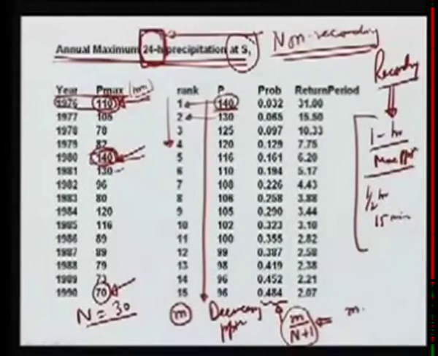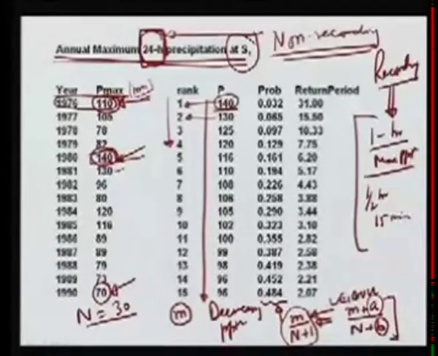A more general form is M plus some constant A over n plus some constant B. There are a number of options for A and B which can be used, but this plotting position, which is known as the Weibull, is the most common, so we will be using the plotting position or the probability as M over n plus 1.